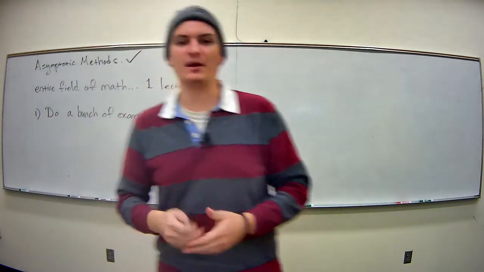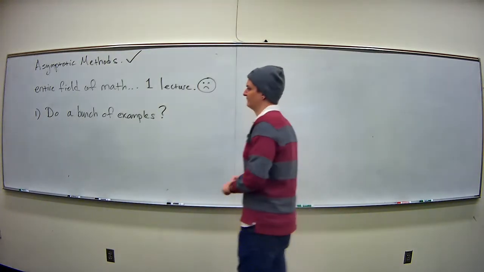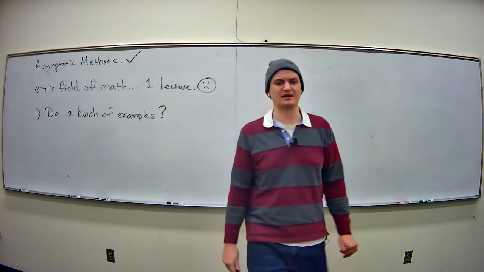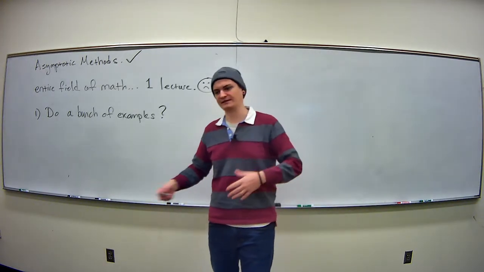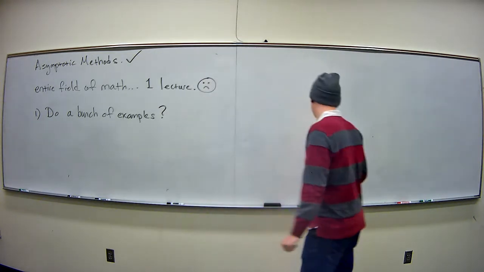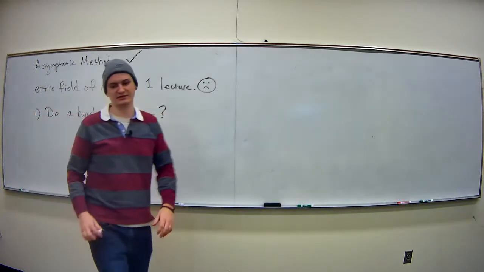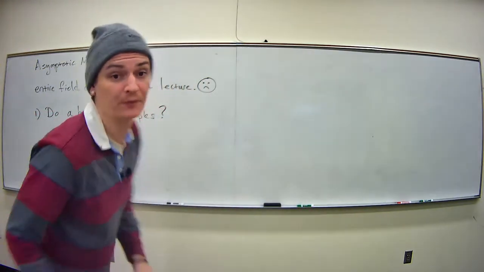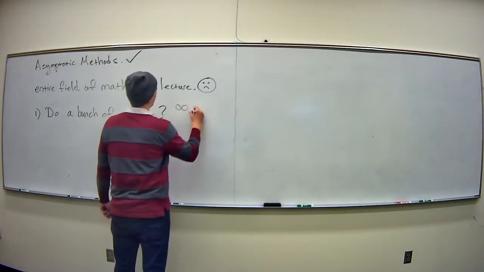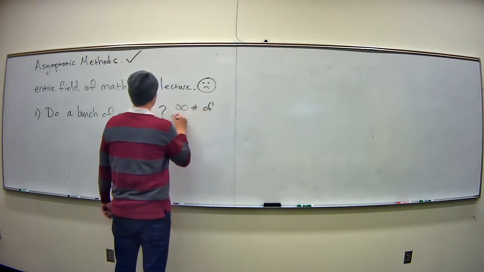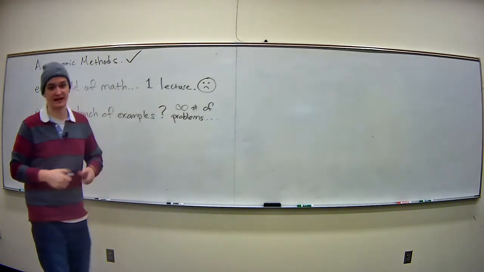And I would make a series, or do more problems, and then maybe you would get some false sense of what's going on, and then I could give you a problem that is not exactly like that example, and then you'd struggle a lot, and it would be a nightmare, I think. So the problem with this approach, trying to lump all of asymptotic methods into one lecture, is there are just too many examples. There is an infinite number of problems. So that's a kind of useless technique, I would think.